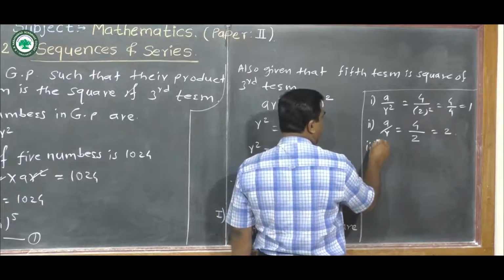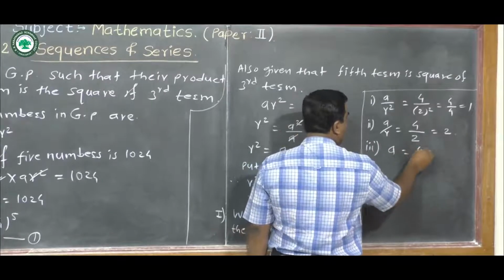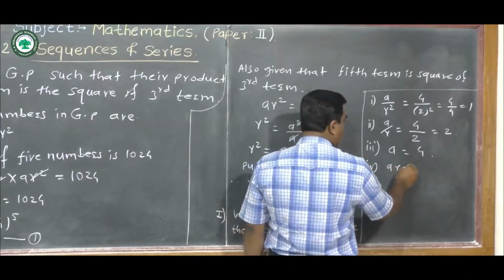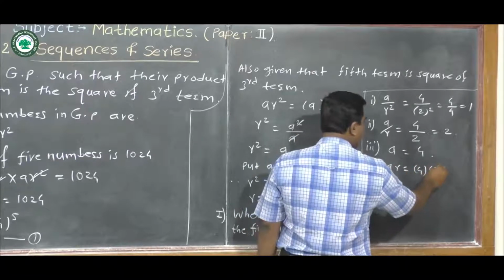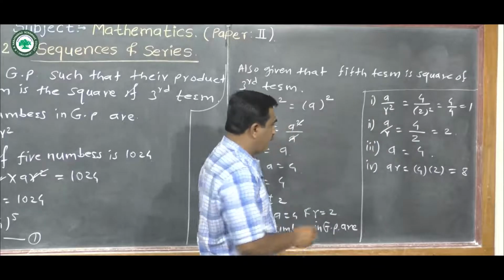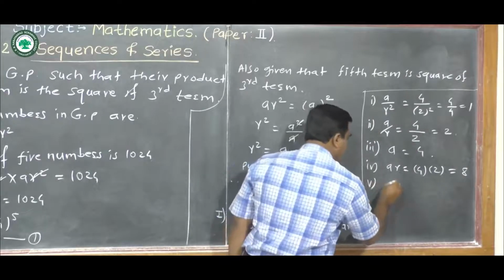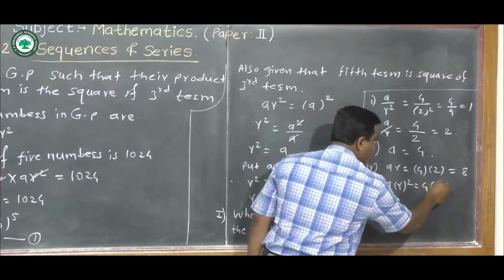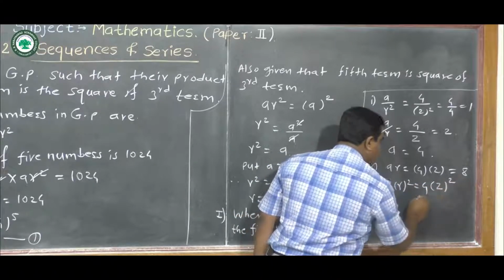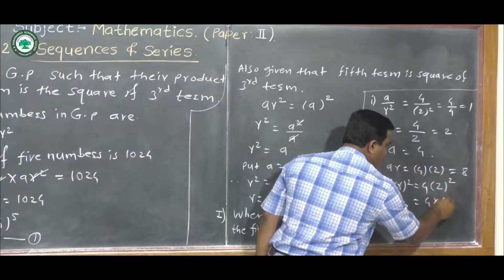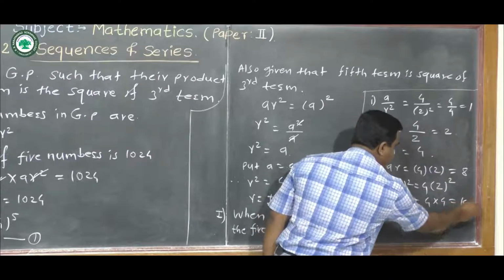Third number a is equal to 4. Fourth number a into r, a means 4, r means 2, 4 into 2 means 8. Fifth number a into r square, a means 4, r square means 2 square, that is 4 into 4, 16.